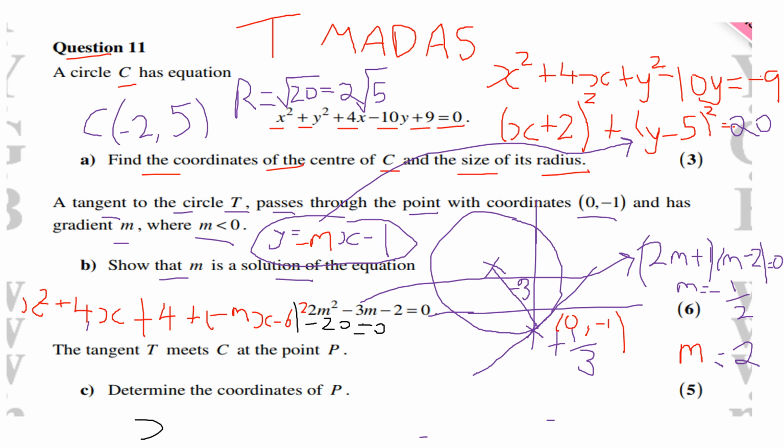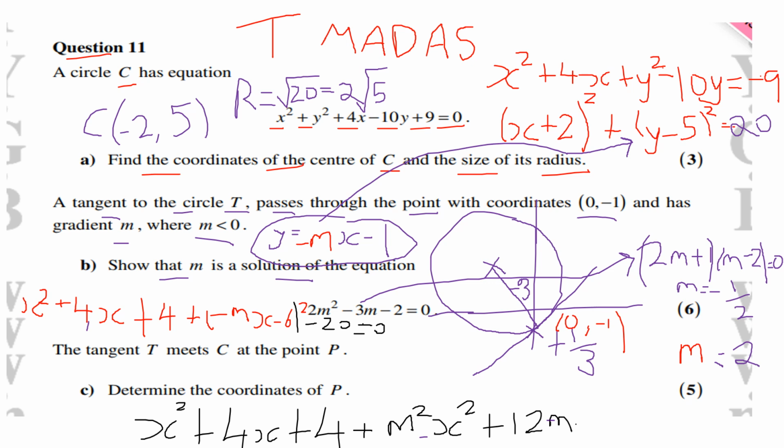We're going to have x squared plus 4x plus 4. And then when we expand minus mx minus 6 whole squared, we're going to get plus m squared x squared. Then we're going to have plus 6mx plus 6mx, so I'm going to have plus 12mx. Then minus 6 times minus 6 will be positive 36.